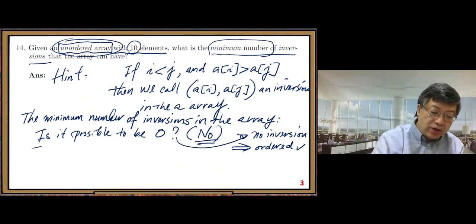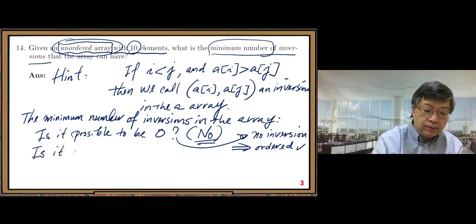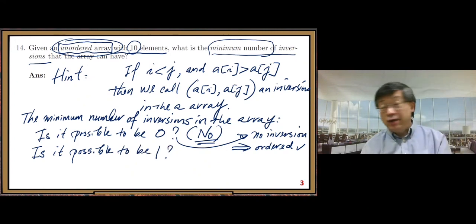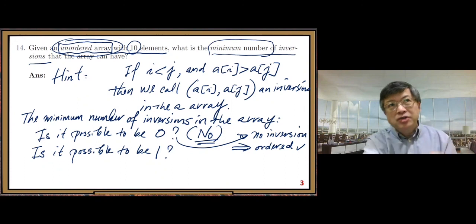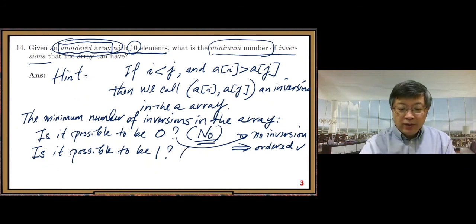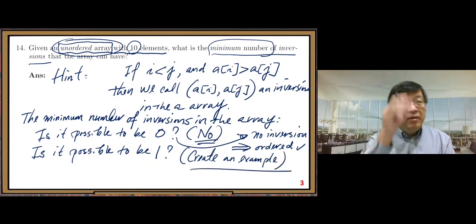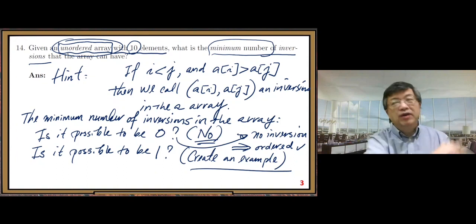All right. So then, second question, is it possible to be 1? If 0 is not possible, then is 1 possible? In order to see if it's possible, you need to create an example. Can you create an example of a 10-element array with 1 inversion?